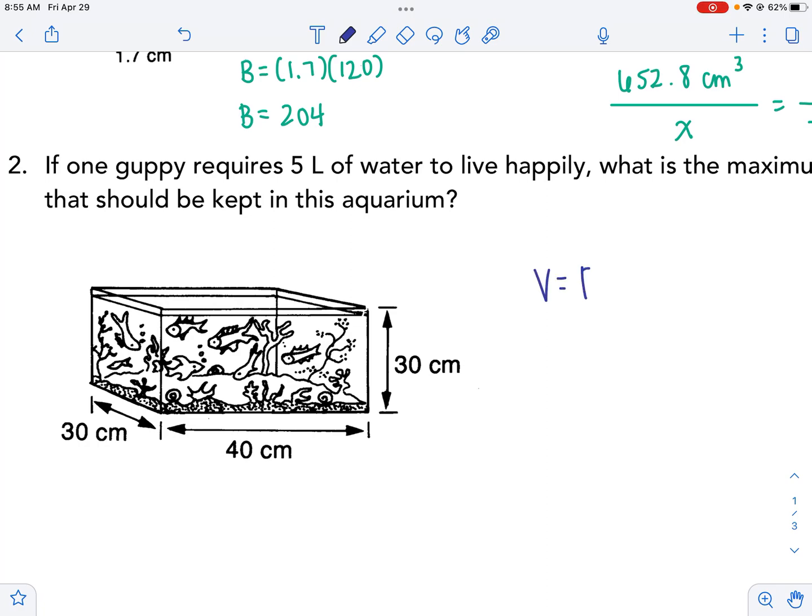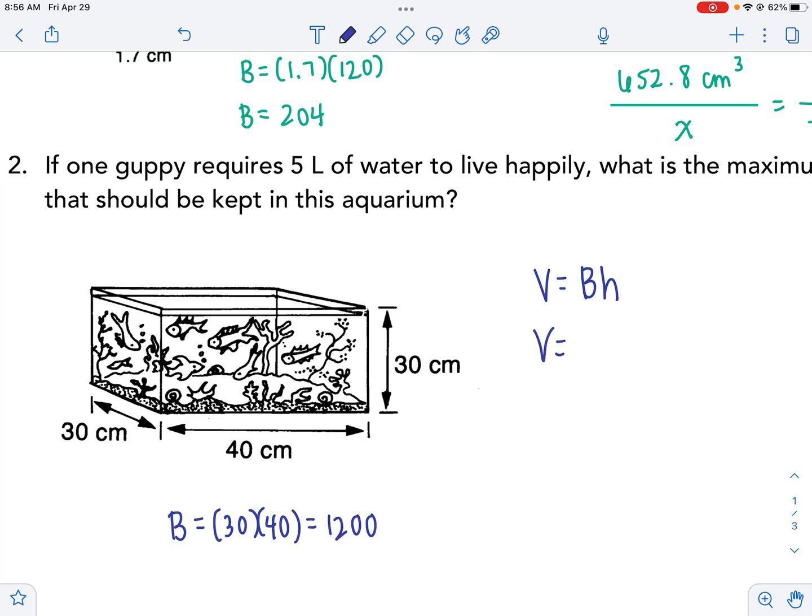So volume of a rectangular prism is capital B H. I'm going to use this as my base again. So rectangular prism, my base is a rectangle. So to find capital B, the area of the base, which is a rectangle, I'm just going to multiply those numbers that I see on the bottom. So 30 times 40, which would be 3 times 4, that would be 1,200.